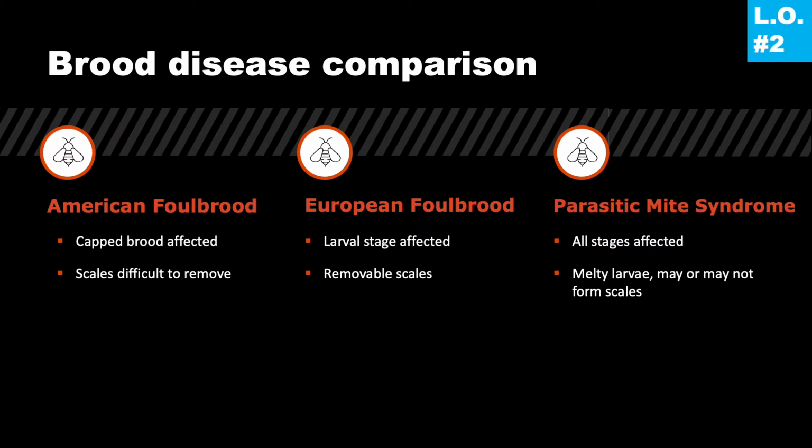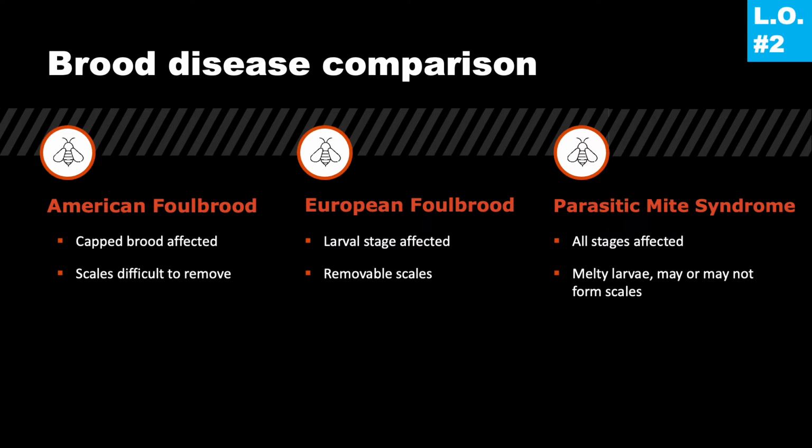With respect to what remains in the cell after the worker bees have removed the diseased brood, in American foul brood, the remaining scale, and I'll explain to you what that looks like here in a minute, is difficult, if not impossible, to remove without damaging the cell.